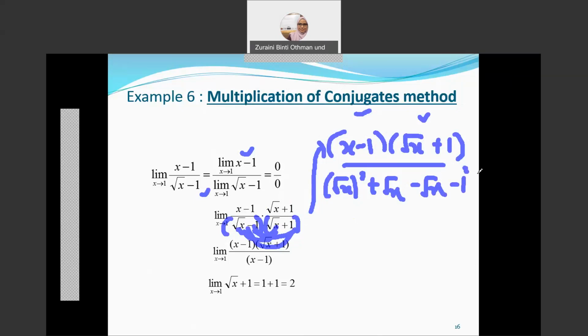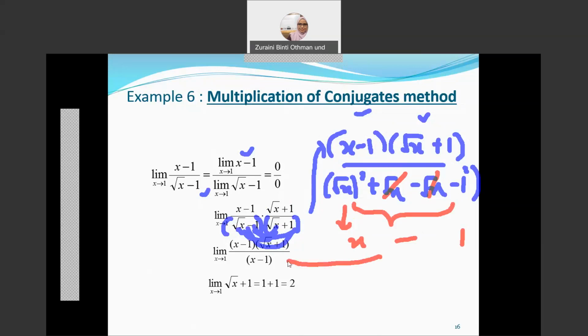Okey, so daripada sini kita tahu bahawa apa yang kita kena selesaikan dekat sini, tambah square root tolak square root kan selesai. Okey, so sekarang yang tu dekat sini akan jadi square root x kuasa 2 akan jadi x, dan ni 1 kuasa 2 akan jadi 1. So yang bawah ni, the final answer is x tolak 1.